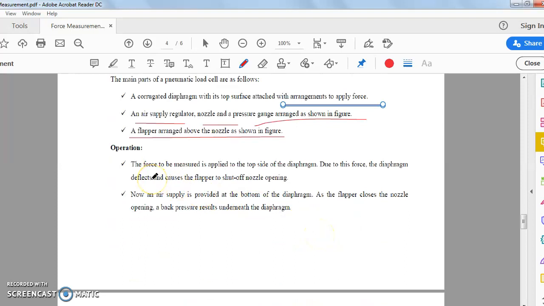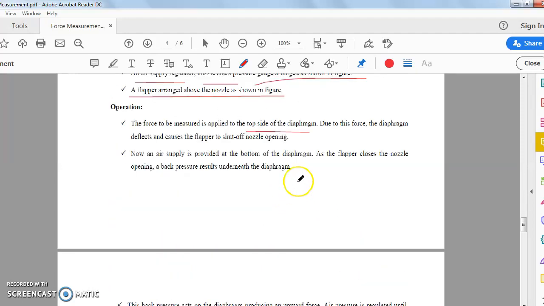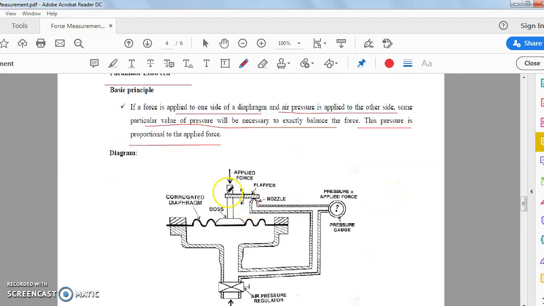The operation: the force to be measured is applied to the top side of the diaphragm. Due to this force, the diaphragm deflects and causes the flapper to shut off the nozzle opening. Due to the applied force, the flapper moves like this, making an arc.